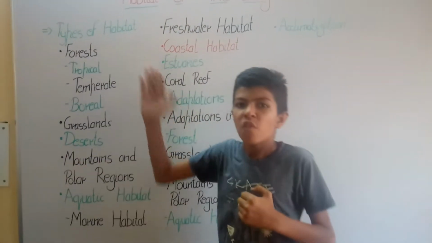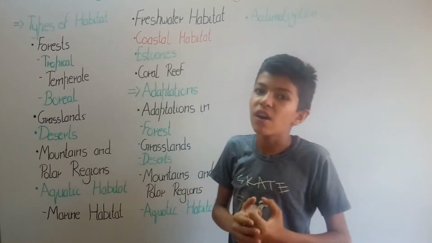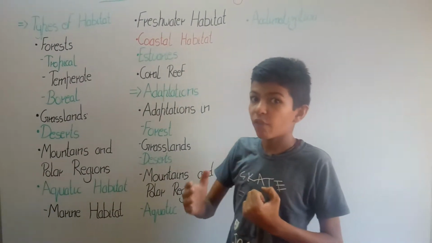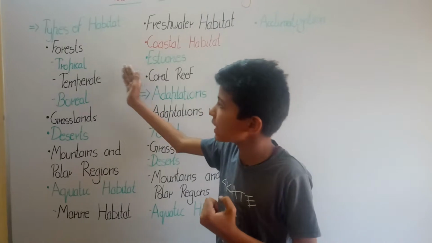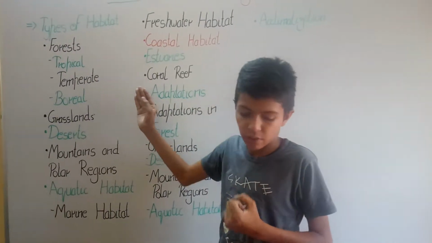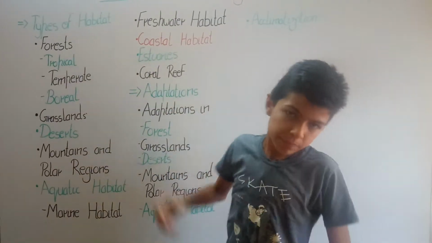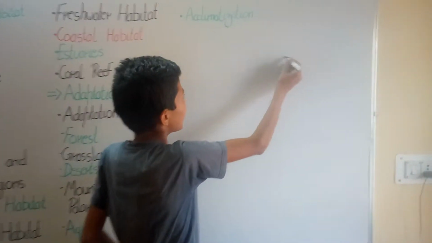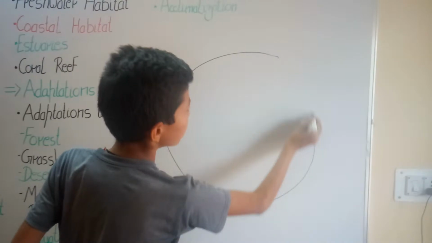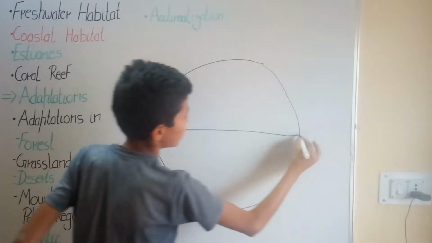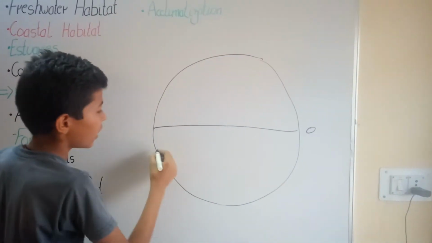First, forest. Forests cover about 1/3 of the Earth's area. The forest includes tropical forest, temperate forest and boreal forest. So friends, first is the tropical forest. This is the Earth and this is 0 degree, which is the equator.